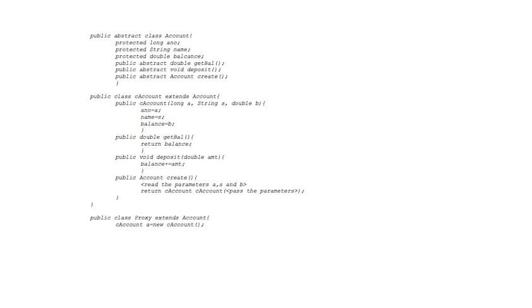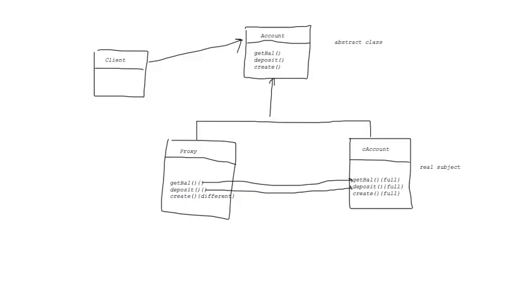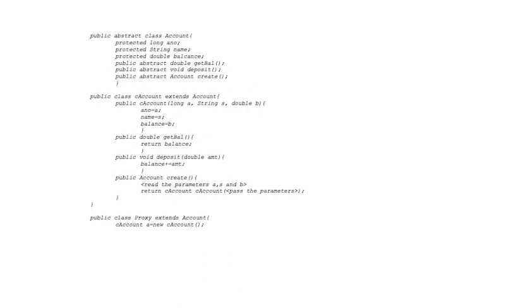We call the default constructor and create an object from the C account class here. And then whenever we call the methods in the proxy, we refer to the real subject's implementation.